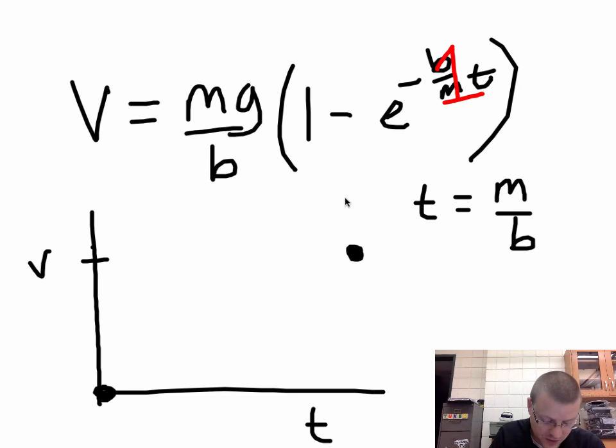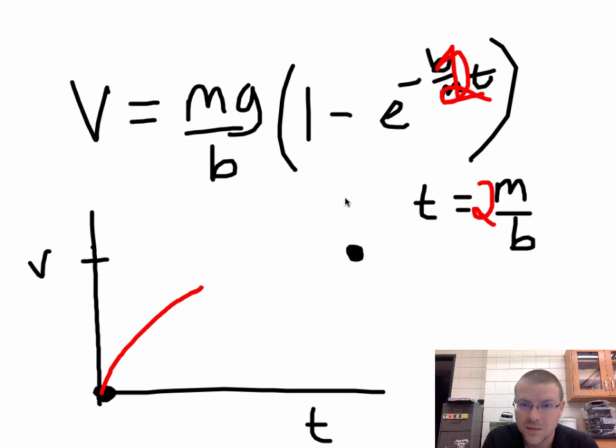It's going to go from 0 to about the 63% mark in one time period. If this becomes 2m over b, I get e to the minus 2 up top. When I do e to the minus 2, subtracting from 1, I get about 0.86 of my maximum speed.